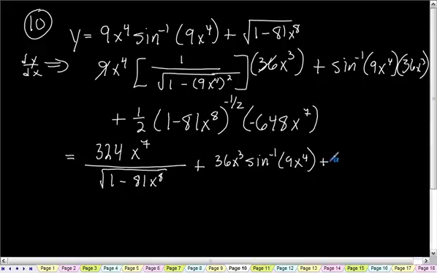Plus, I'm sorry, minus, because the minus is there, and minus gets multiplied all the way across. So that becomes a minus on the top, 648x to the 7th over radical 1 minus 81x to the 8th.